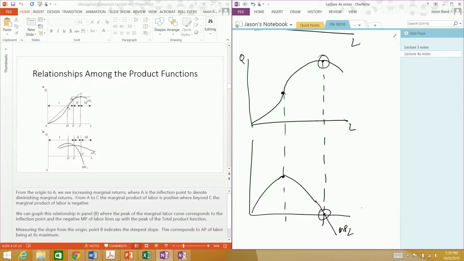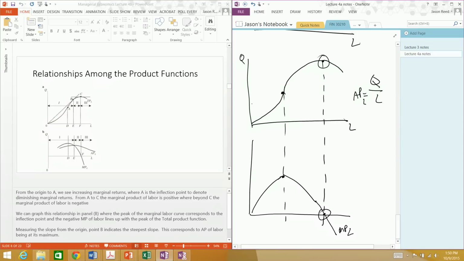And we know a few things as well. We know that as marginal product is rising, we should have average product rising as well. So how do we determine what the average product of labor is? Well, in our top panel, we essentially know that Q divided by L is equal to that average product of labor.